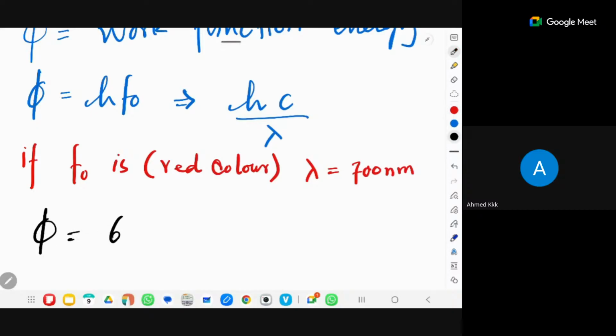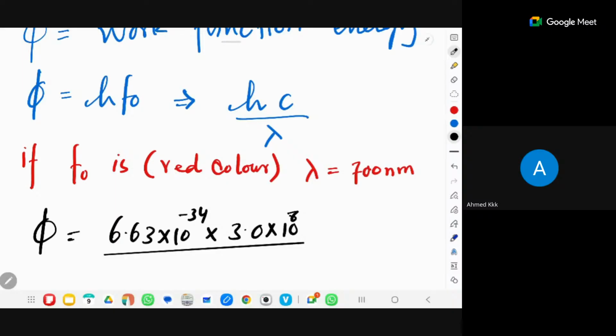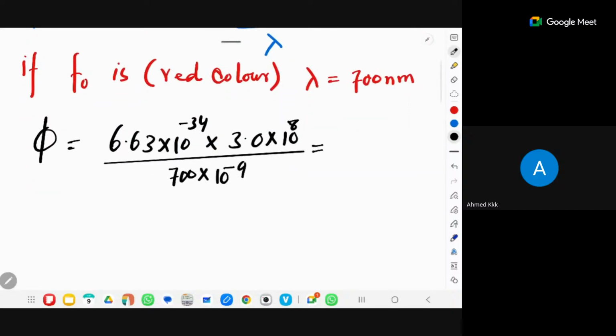That work function is 6.63 into 10 raised to the power minus 34 into 3.0 into 10 raised to the power 8, divided by the wavelength 700 into 10 raised to the power minus 9. Yusuf told me it was 2.8 into 10 raised to the power minus 19, because this is energy, so its unit is joule. So I have written joule here.